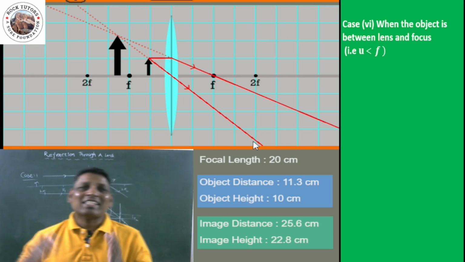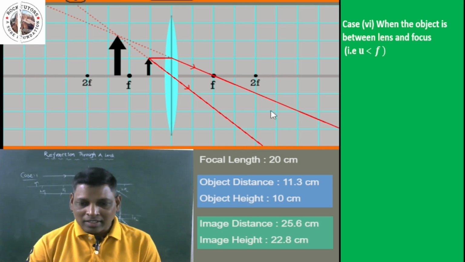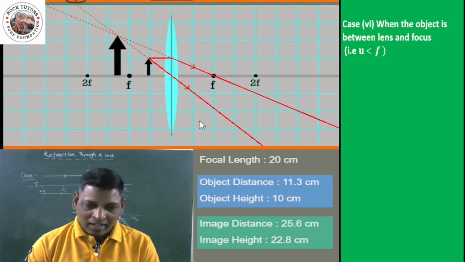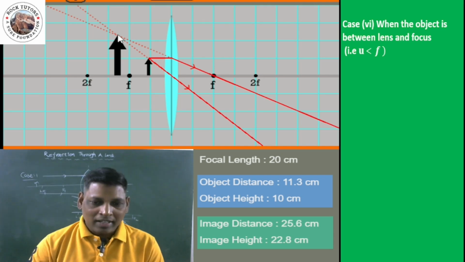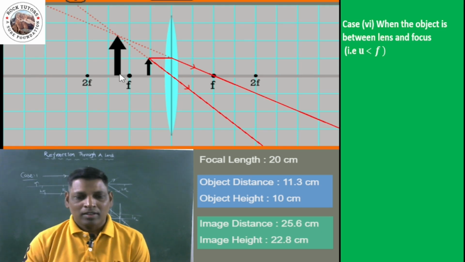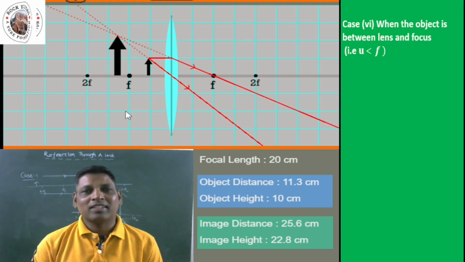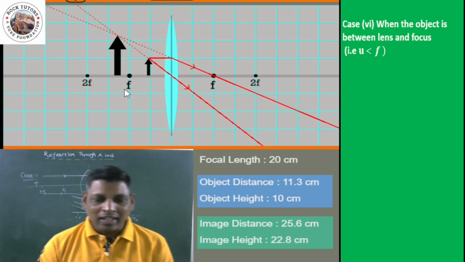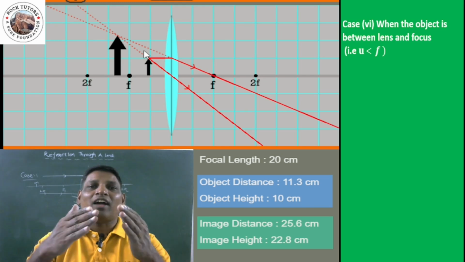Now if I extend these rays backward, this ray I am extending backward and this ray also, they both meet here. Here the image is formed. In this case the refracted rays are not really meeting.